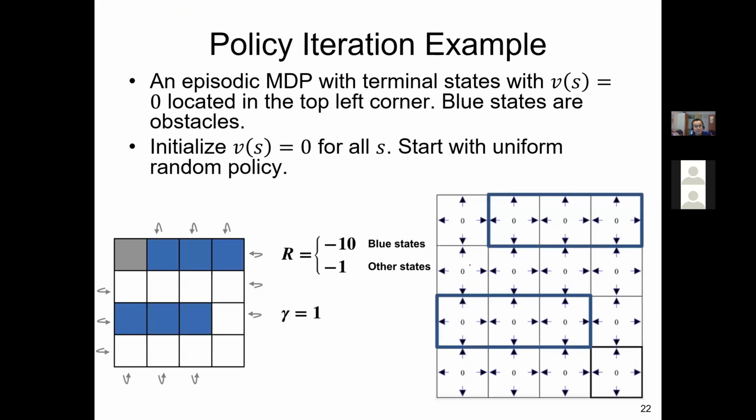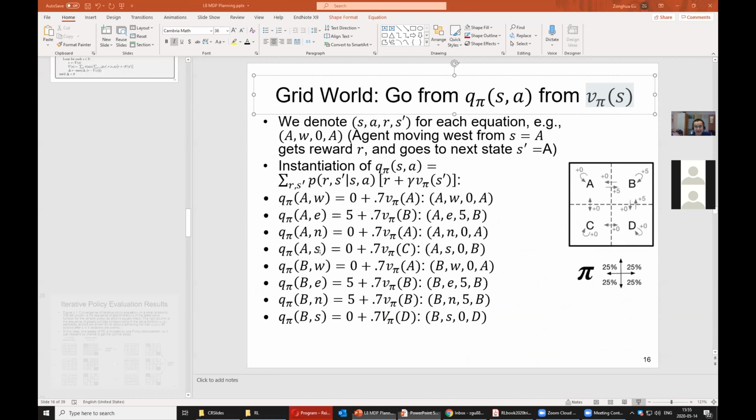So here's an example of policy iteration. The previous one was too simple. You get the optimal policy after one sweep of policy evaluation plus policy improvement. Now we want to make it more complex. So now we have a single terminal state on the upper left corner. The blue ones are not obstacles, because you can't run into them.